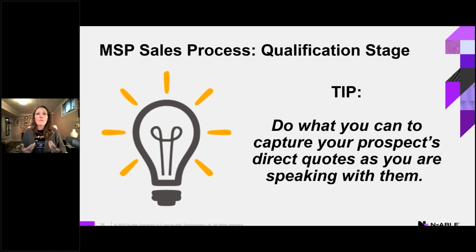So they may not fully believe what you tell them, because they know that you're just trying to win the sale for the most part. You're trying to win that business from whoever they're using today. But they're not going to disagree with themselves in any sentiments that they've expressed to you. So do what you can to capture any of their expressed needs in their own words, and then restate those words back to them exactly as they said them to you in that proposal document.